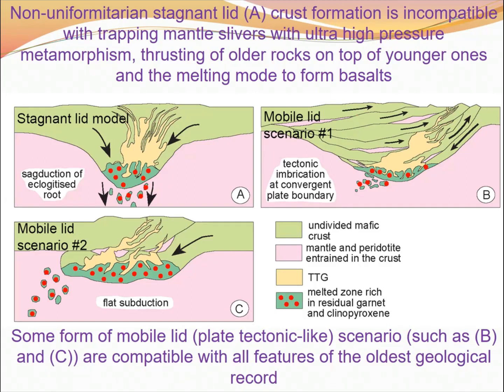And finally, we have something resembling what is happening locally along the Andean margin, which is flat subduction, where the plate isn't diving straight down into the mantle but is sliding below the overlying plate, and you've got melting and tonalite production taking place. So basically, some form of mobile lid plate tectonic-like scenarios such as B and C are compatible with all features in the oldest geological record.